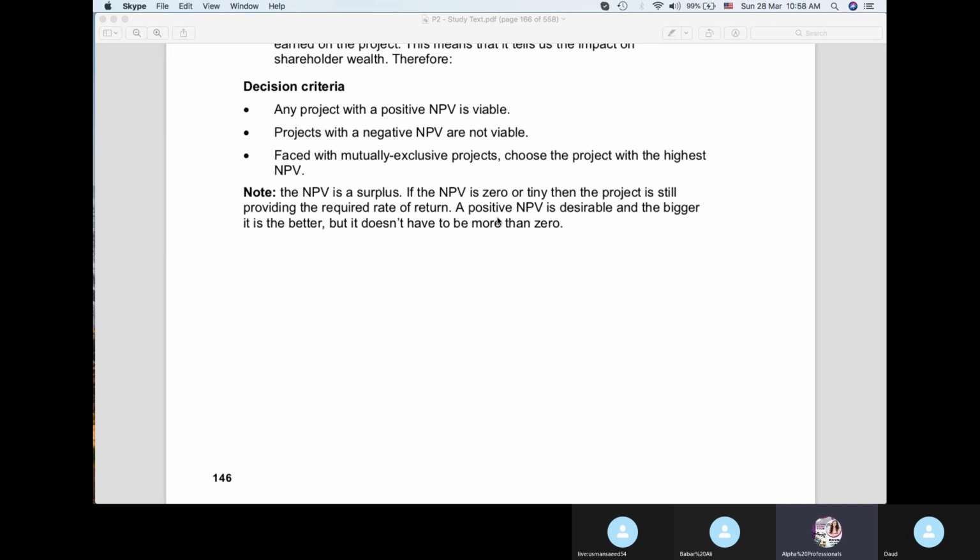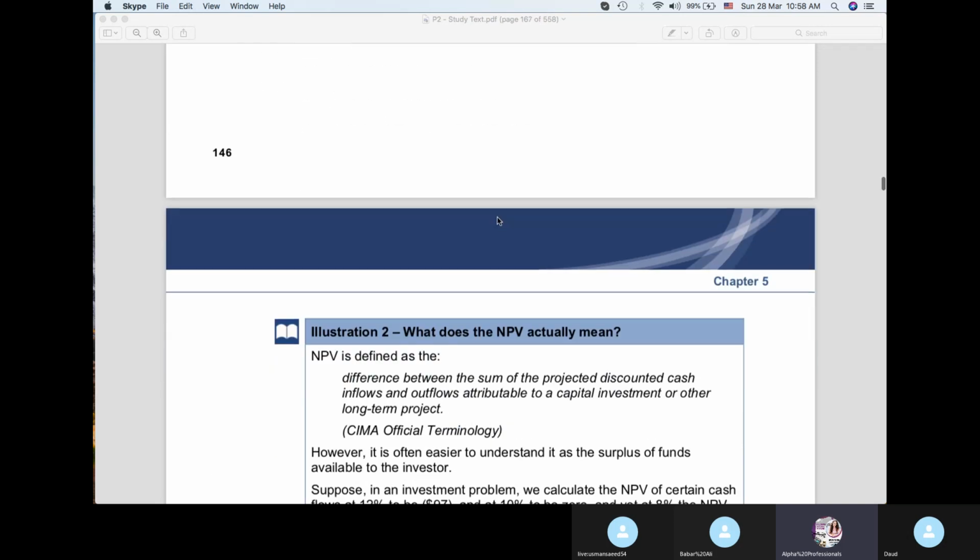So anything that a project is earning over and above that 15% is the value addition of that project in your company, that you need to remember, right?